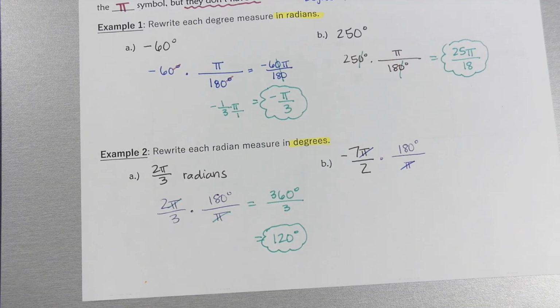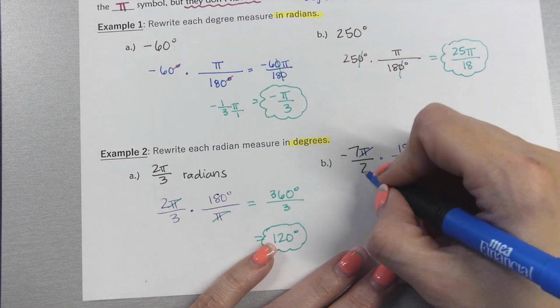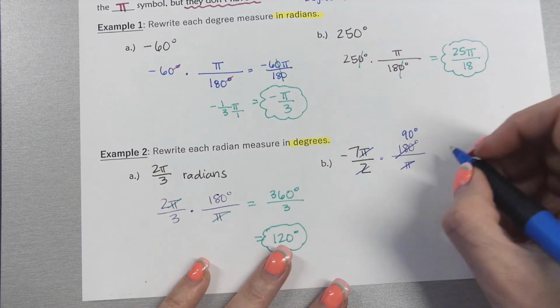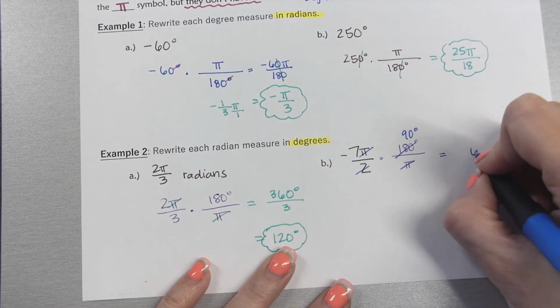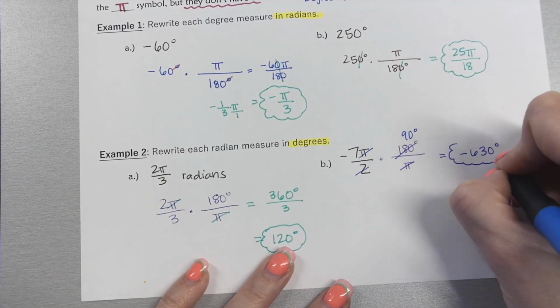I could. 7 times 10, 7 times 8. But can I just divide first? What's 180 divided by 2? 9. And then I can just do, what's 7 times 9? And then put the 0 on there. Don't forget your negative. That's your final answer.